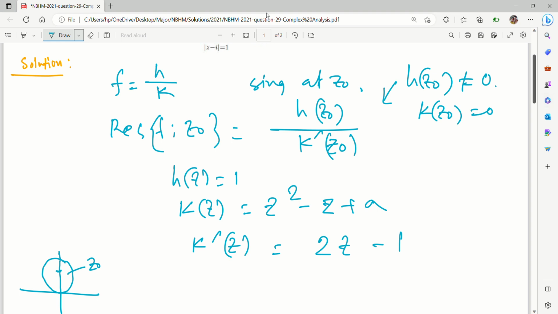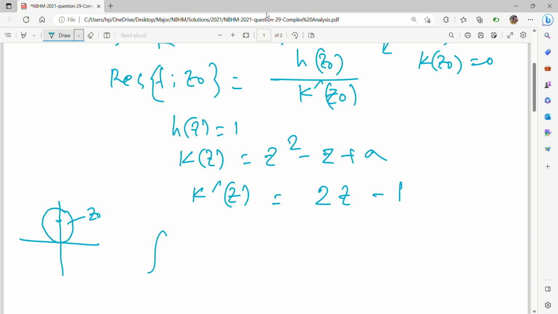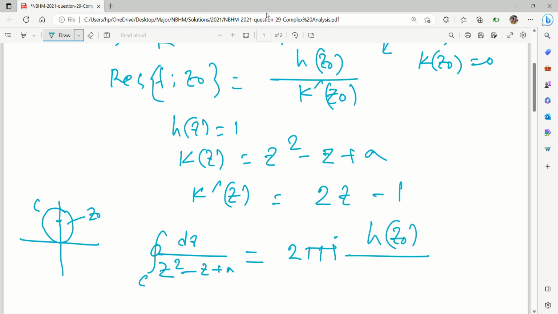So from this formula, what we get is the integral of dz by z square minus z plus a is equal to, from the residue theorem, 2 pi i times h of z0 by k dash z0, and it is given that this is equal to pi.